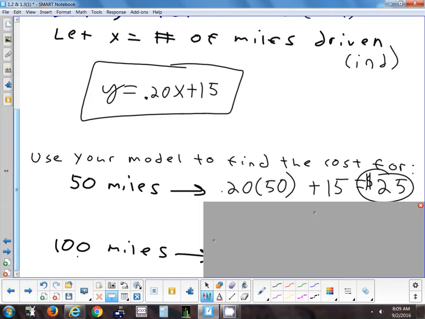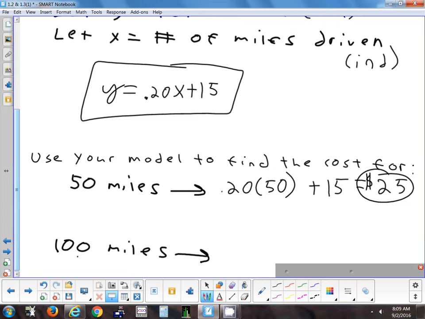Because if you do that, you're also doubling the 15, which should be added after. Right. That 15 is a one-time charge. You don't want to double that fee. It is going to cost you twice as much for just the mileage portion, but we don't want to double the 15. So we would get 0.20 times 100 plus 15.